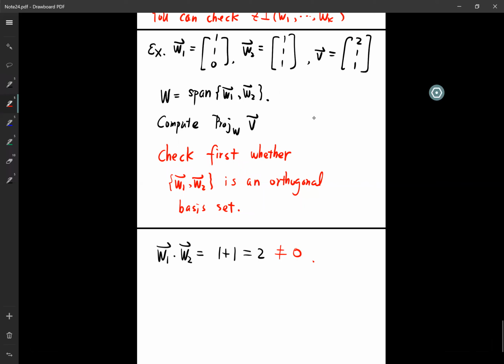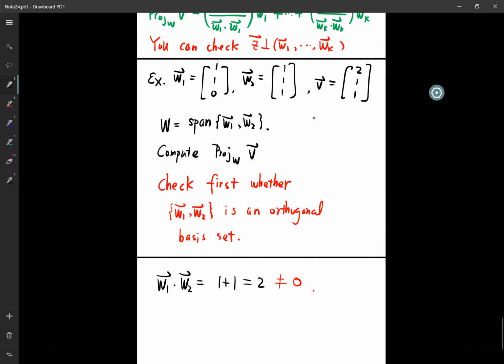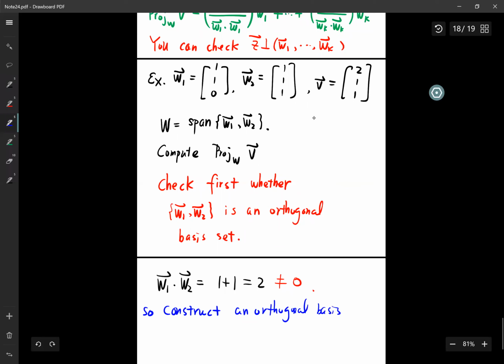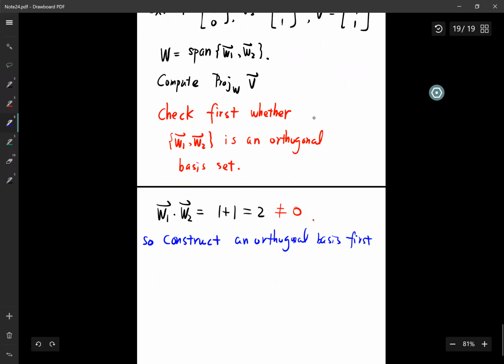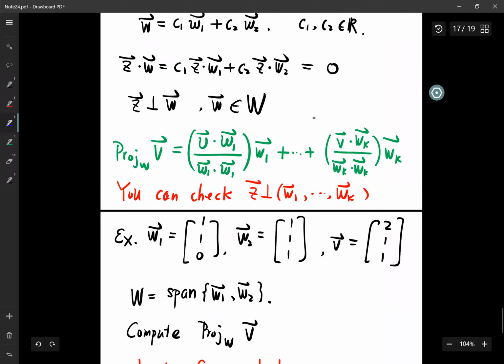But it's not really stuck. Our first job to use this formula is simply to construct an orthogonal basis set. Then I can apply this formula to compute the projection of V onto W. So construct an orthogonal basis first. How do I do that? Now you see, previously that Z seemed to be garbage, right?